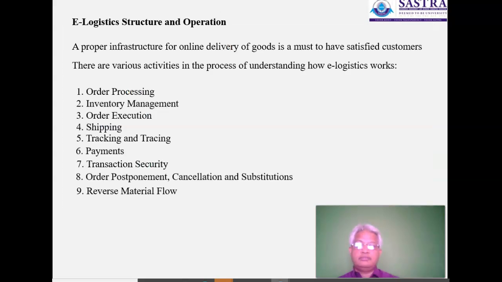Now, let us elaborate the picture that we saw in the previous slide. So we continue with the same topic here with the title E-Logistics Structure and Operations.